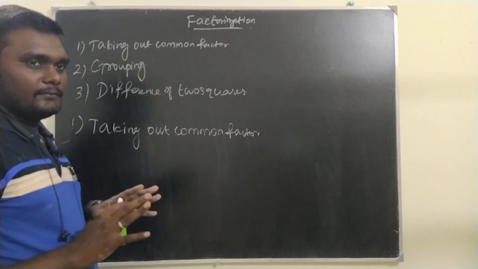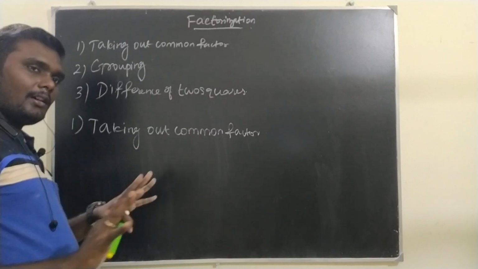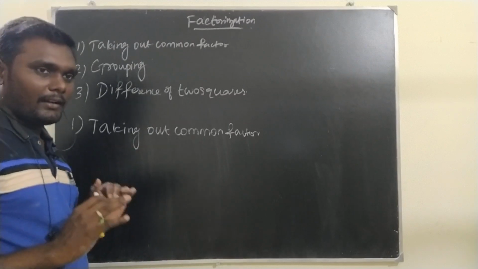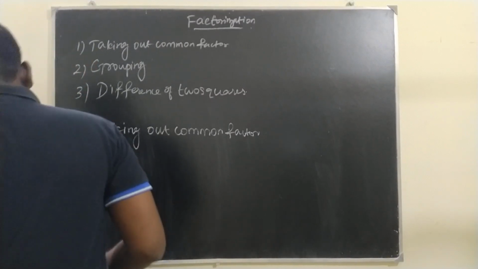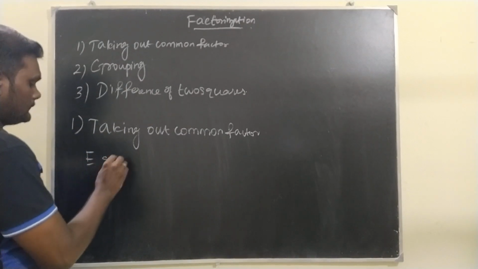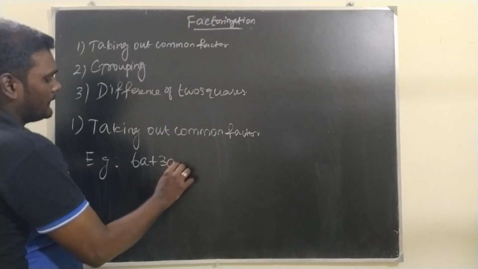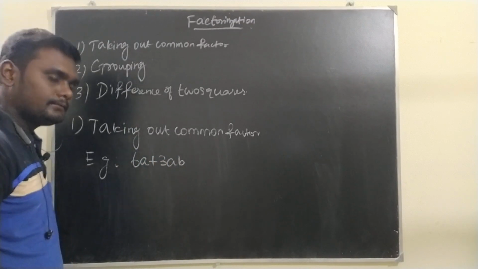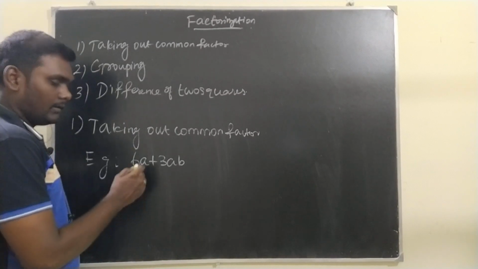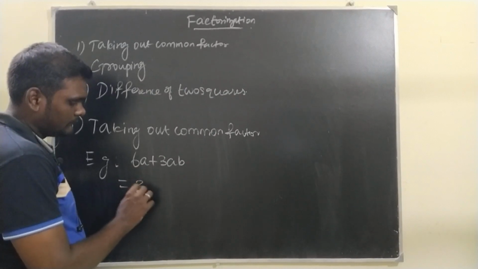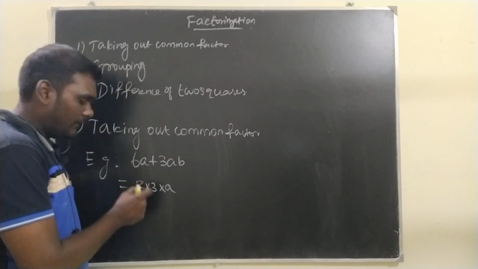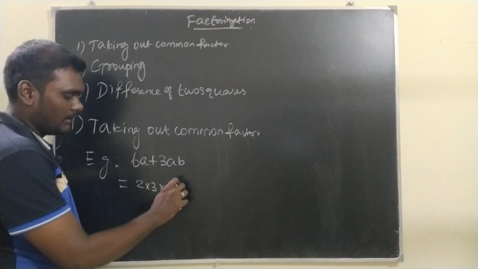In an algebraic expression, we are going to see what all the terms are, and whether there is any common factor among all of them. Take this example: 6a plus 3ab. Now list out the factors of this. This can be written as 2 into 3 into a. I factorized the number 6 and wrote a in the factorized manner.